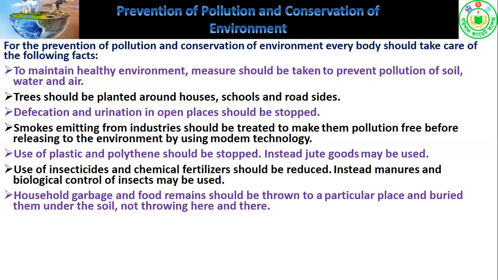So in this respect, we can say that in our home we should not throw any domestic waste materials here and there. We will throw it in the dustbin, or if we are living in the rural areas, then we should bury it in the soil.